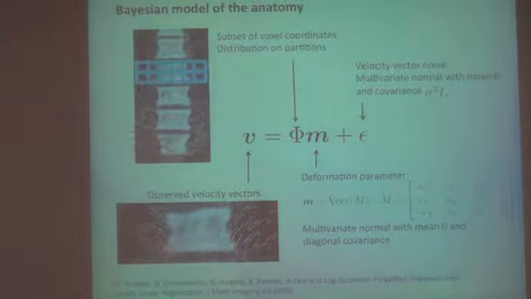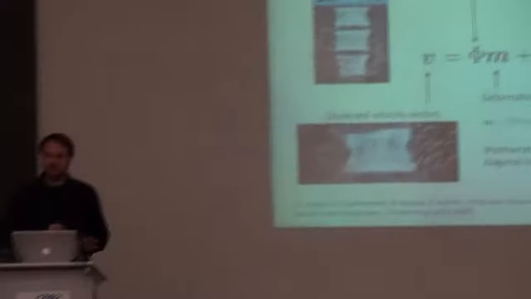So this is our Bayesian model, and the idea is to estimate the posterior joint probability of the partitions and the deformation parameters. And in this particular case, we are more interested in the partitions, so we integrate out the deformation parameters. And we're looking for the posterior distribution of partitionings of an image, incorporating all this uncertainty in that process and reflecting that in the posterior distribution.